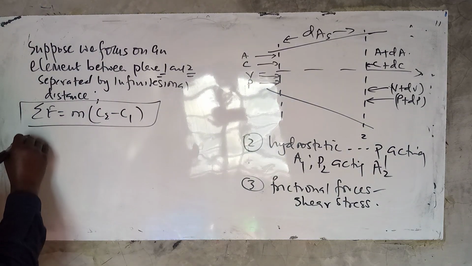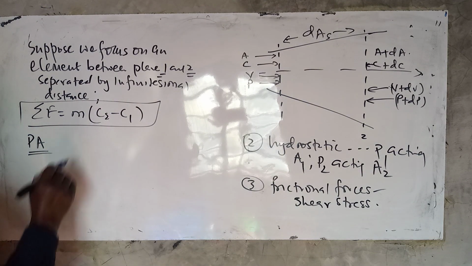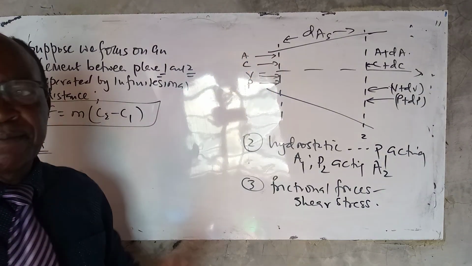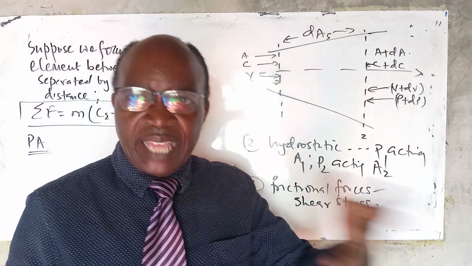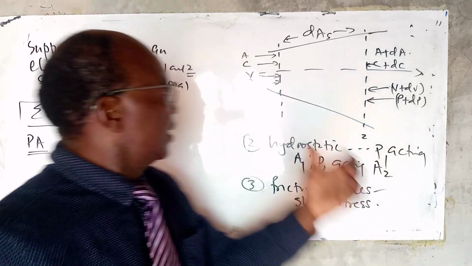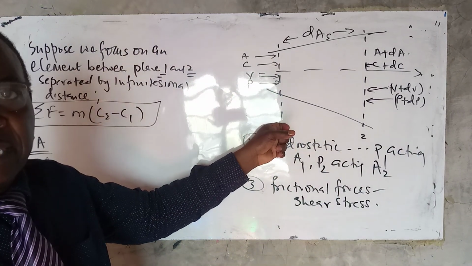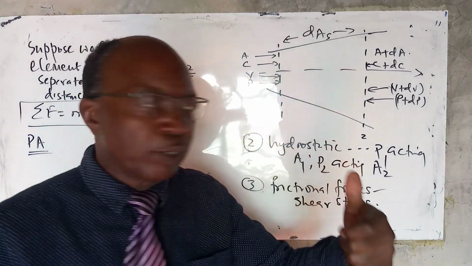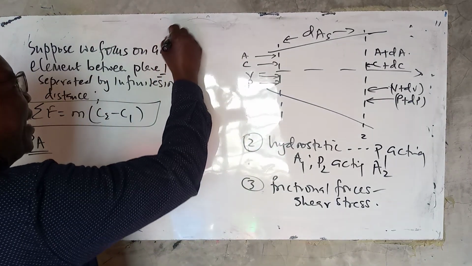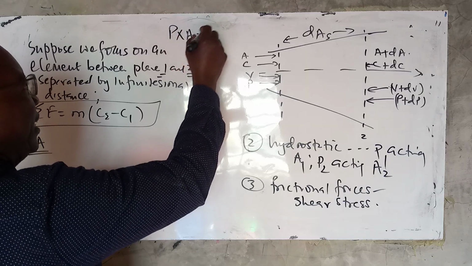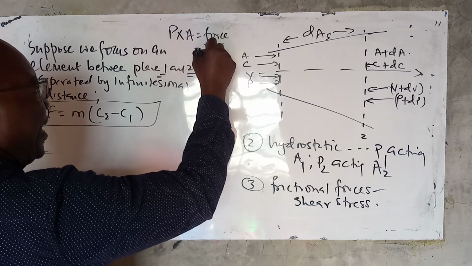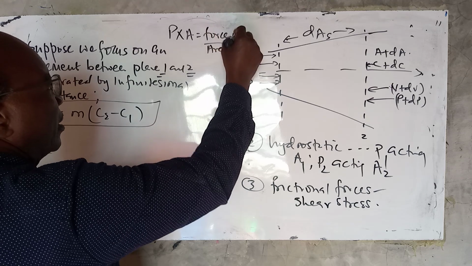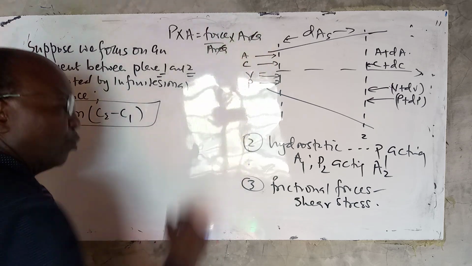Remember, we have PA on that face on plane 1. And why are we talking about PA? PA is a force, because pressure is force over area, and multiplied by area leaves you with force.